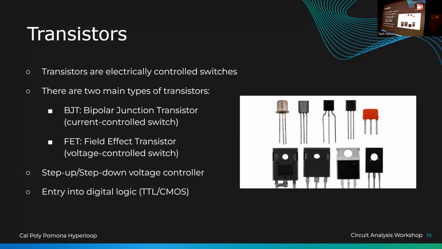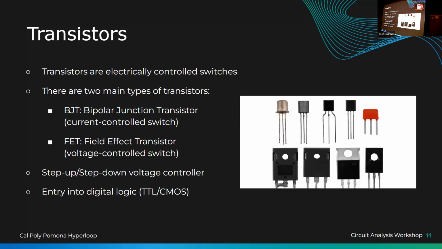You have electricity coming from point A to, for example, point B. But then you have a transistor right here, and this is point C. If you don't have any current going in at C, current cannot go from point A to point B. But if there's current coming in from point C, current can go from point A to point B. This can also be used as an amplifier.